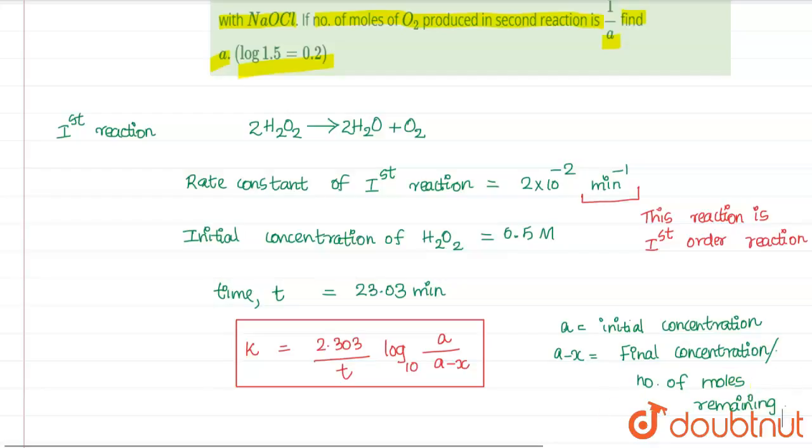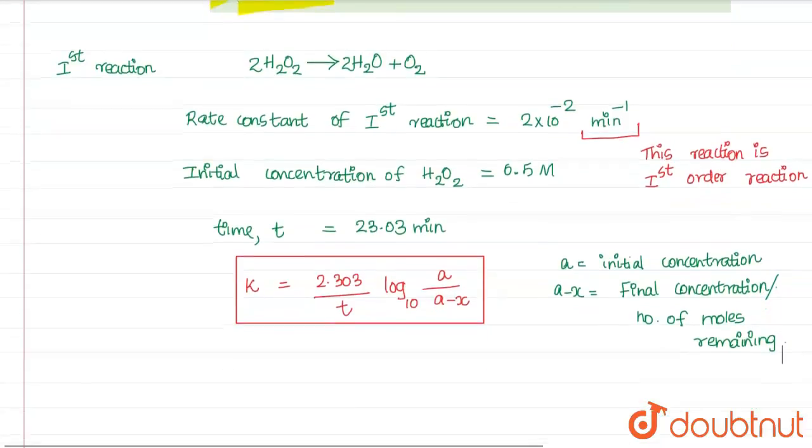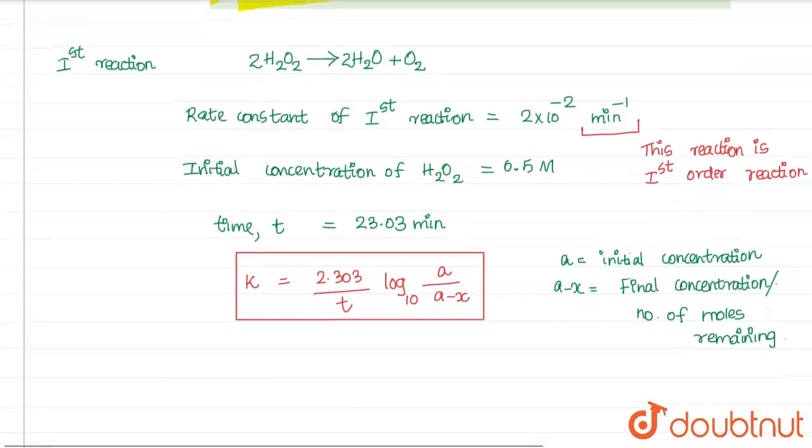Okay, so we have K, T and A. We can find A minus X from this equation. That is final concentration of H2O2 or number of moles of H2O2 remaining in the first chemical reaction.